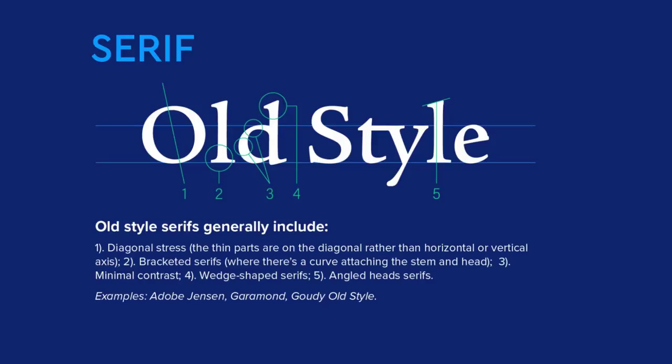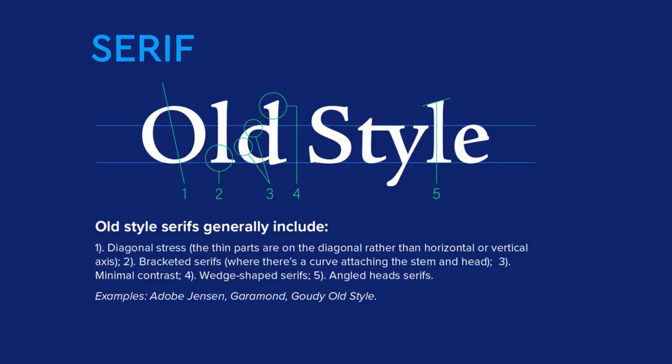We have bracketed serif, as you can find in number two being highlighted, where there is a curve attaching the stem and head. We have minimal contrast, just like the place we highlighted as number three. Where we highlighted as number four, you can find what we have as wedged edge serif.